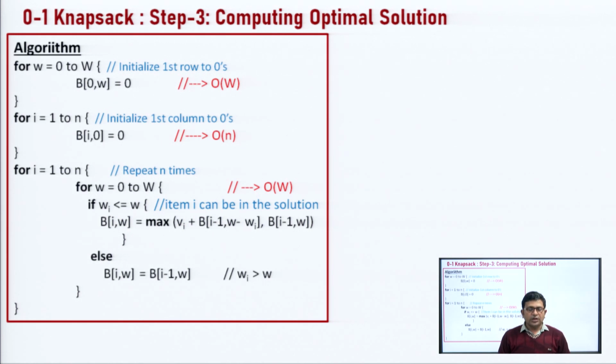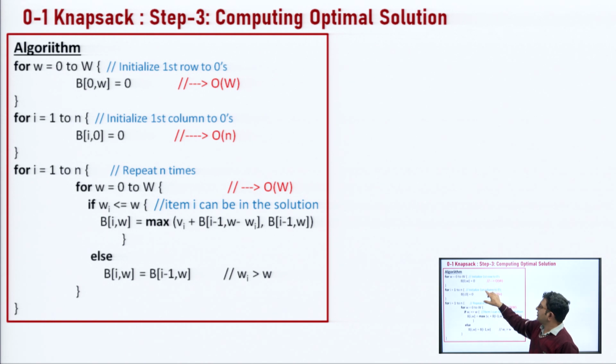Now, the third step is computing the optimal solution. Here we will write down an algorithm which will compute the optimal value. Just see, in this algorithm, the first two lines are filling the first row and the first column with 0 values in the matrix.